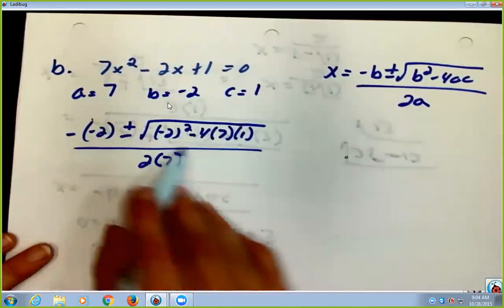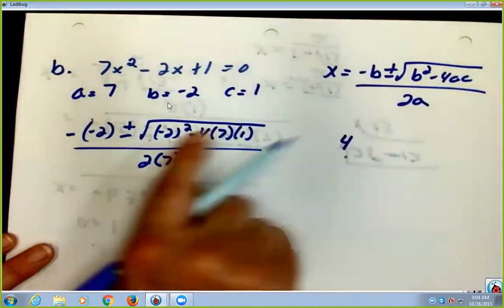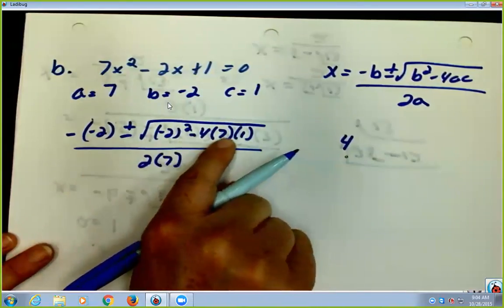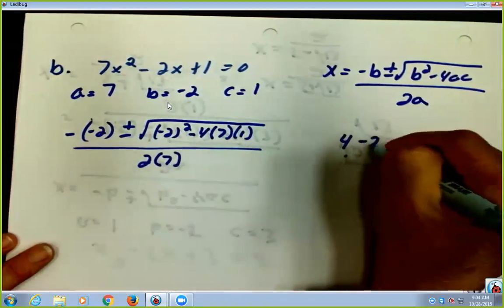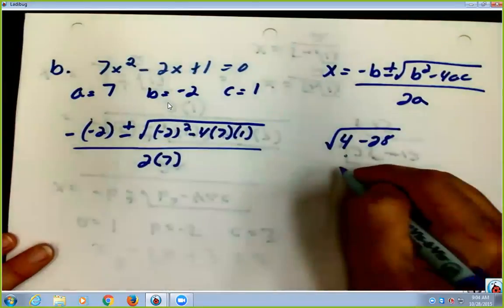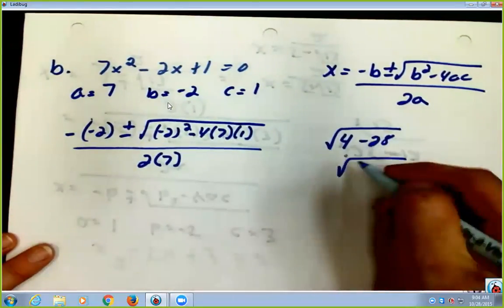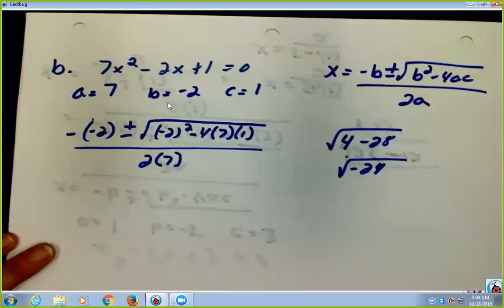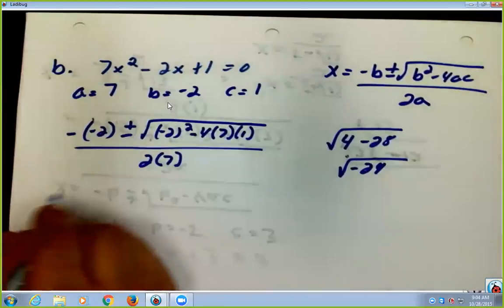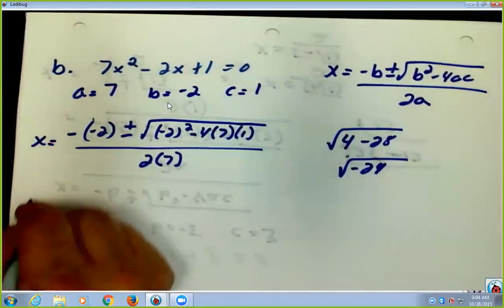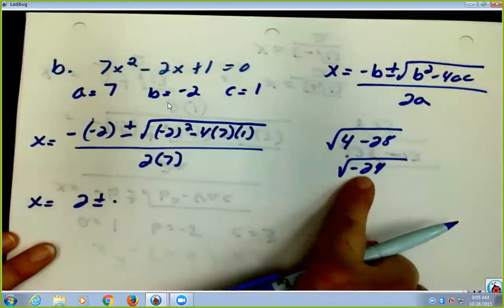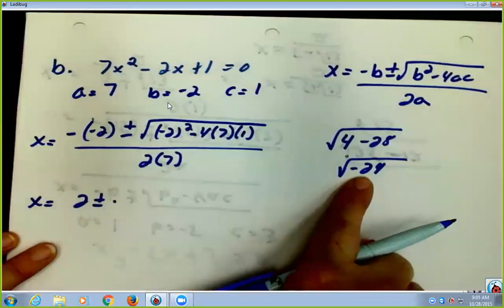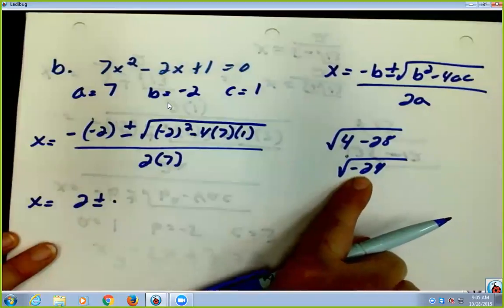If we do the discriminant that's underneath, I get 4 minus 4 times 7 is negative 28 plus times 1 is still a negative 28. 4 minus 28 is a negative 24. And if I take the square root of a negative 24 from chapter 9, what can I pull out of it?